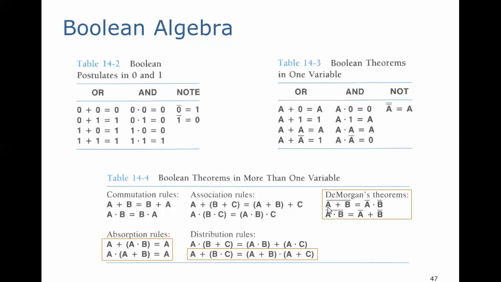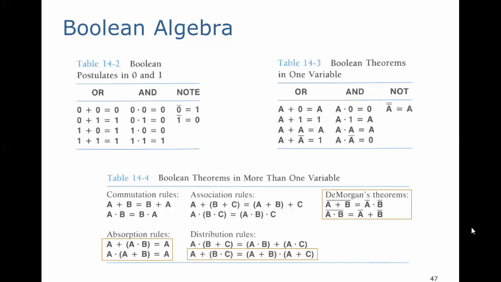Let me say that again. The inverse of the sum is equal to the product of the inverses. And similarly, the inverse of the product is equal to the sum of the inverses. And we will see that eventually, graphically, with our logic gates.